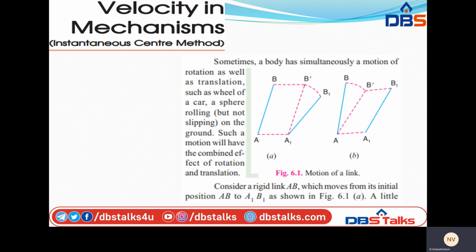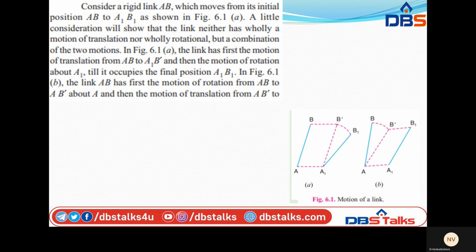A little consideration will show that when it is moving from AB to A1 B1, the link is neither wholly a motion of translation nor wholly rotational, but a combination of these two is applicable in figure A. So from AB to A1 B dash is only translation, and A1 B dash to A1 B1 is the rotation.